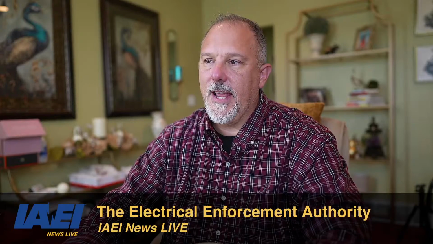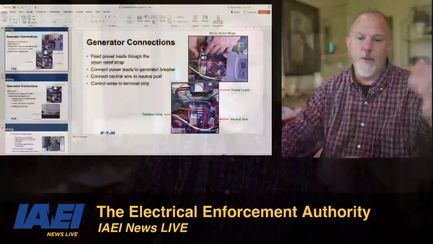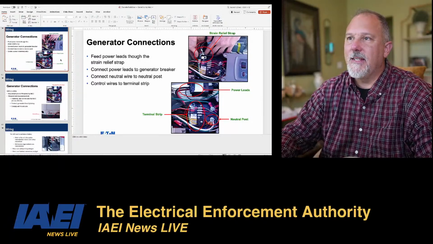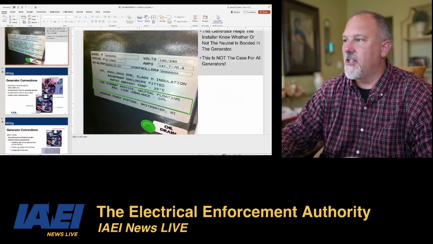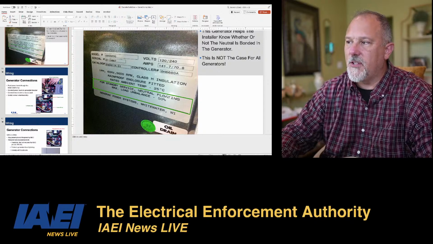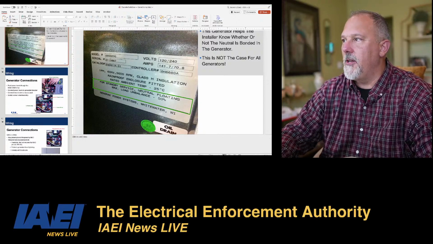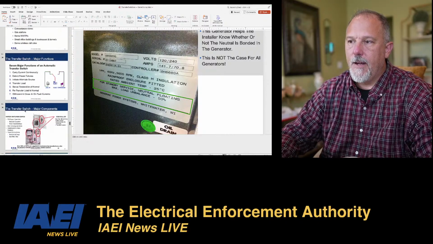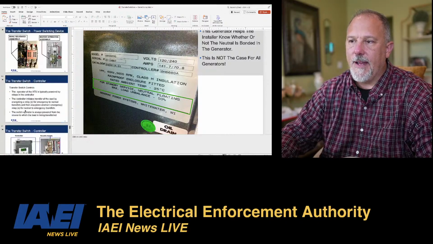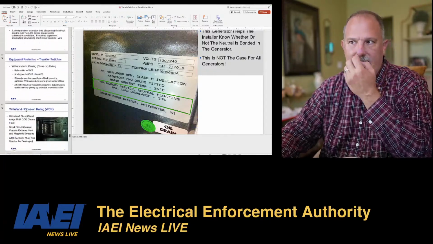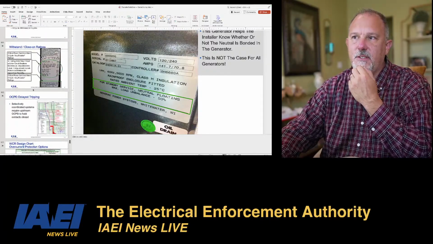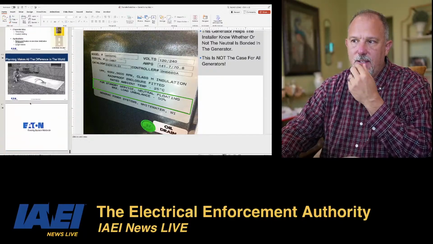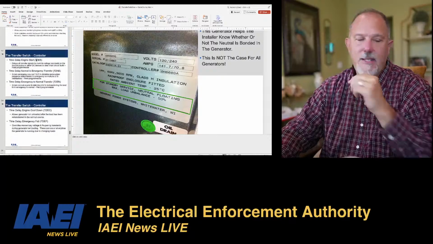I'll show you what I'm looking at so we can look at it together. This is inside your generator connection. This one says for standby service, neutral floating, maximum load. I'm looking for the diagram, and I thought I had a good picture of the instructions, but I do not see them.